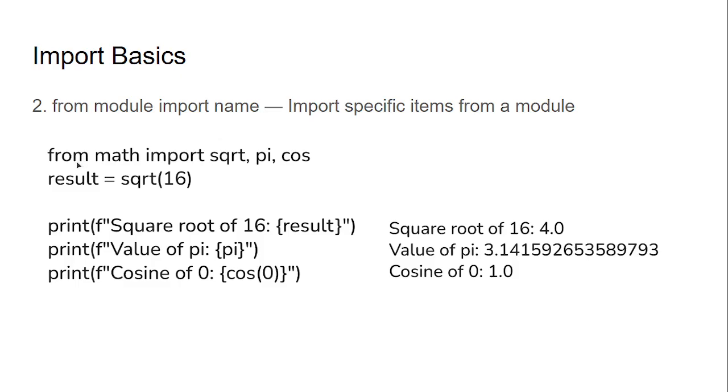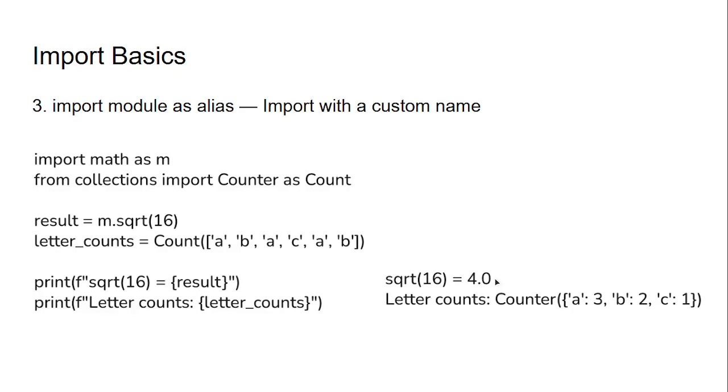An example is from math import sqrt, pi, and cos. We store our results in a results variable. So square root of 16 gives us 4.0, because the square root function is accessed from math. The value of pi gives us the value of pi, and the cosine of 0 gives us 1.0 again.